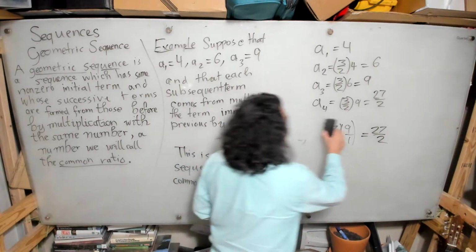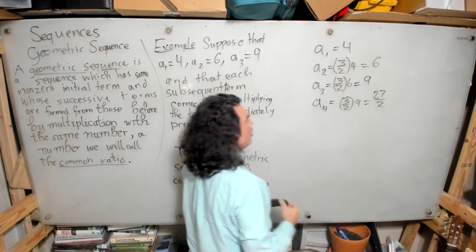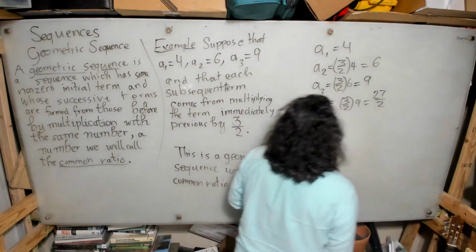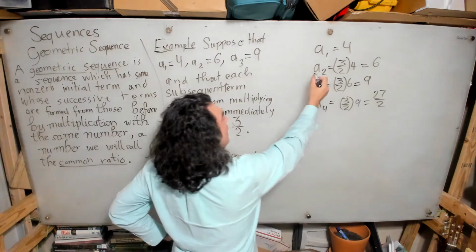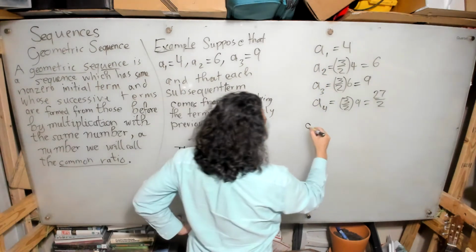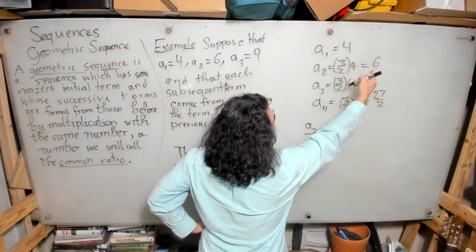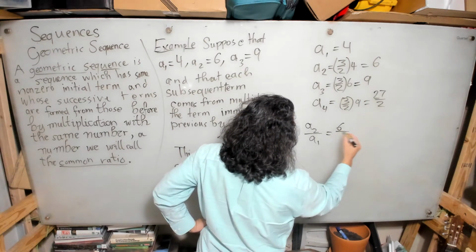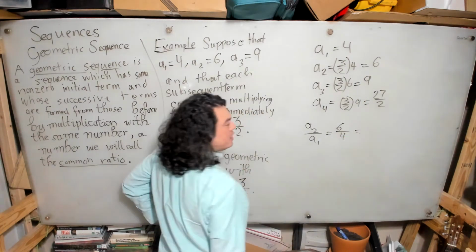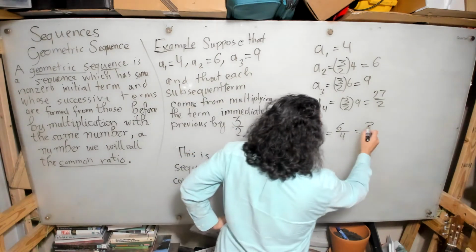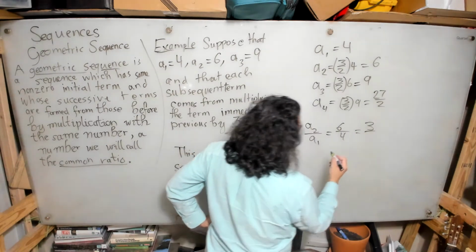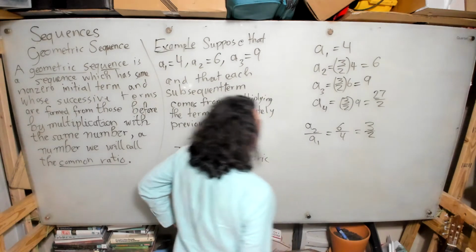Okay, so now what I want to observe is the following. I want to look at the following situation. What is A2 divided by A1? A2 divided by A1 is equal to 6 divided by 4. And what is that? That simplifies to 3 halves, right? Because if you divide the top and bottom by 2, you get 3 halves. That's interesting.